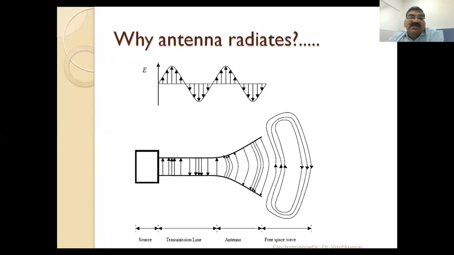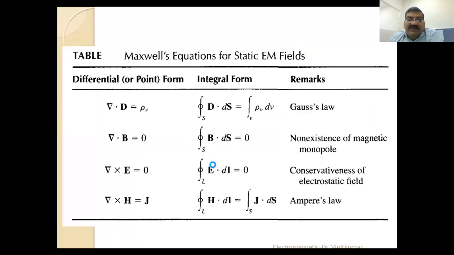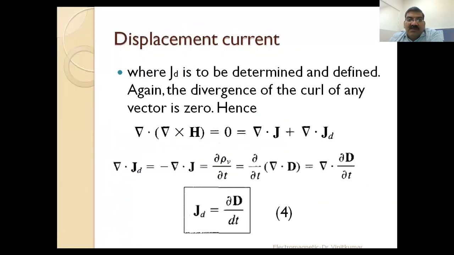Now we will see why antennas radiate. Here is the electric field, and this is the antenna structure. So how is the radiation produced? This is the electric field in the antenna, maybe a horn antenna or any antenna you can say.